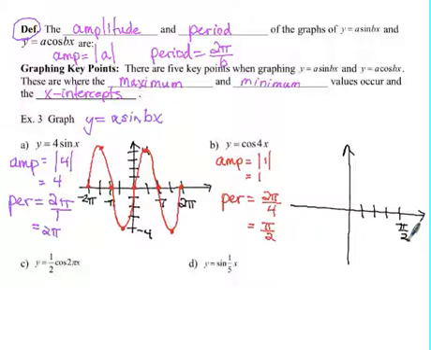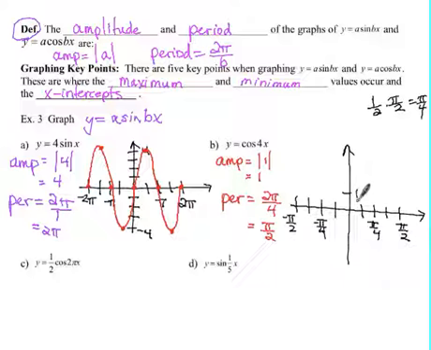Now what would the second tick mark be? What's halfway? What's half of pi over 2? Pi over 4. Then let's be proactive and make 4 tick marks to the left. And if you're not sure how I got that pi over 4, take 1/2 times the pi over 2. That's where you get your pi over 4. Okay?